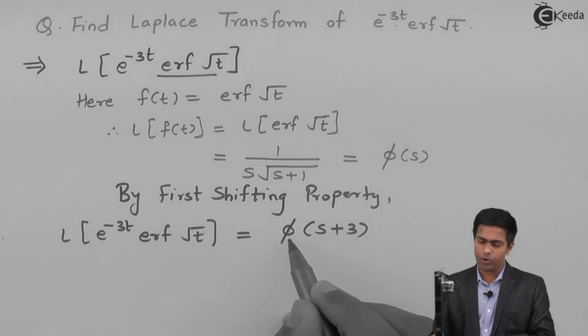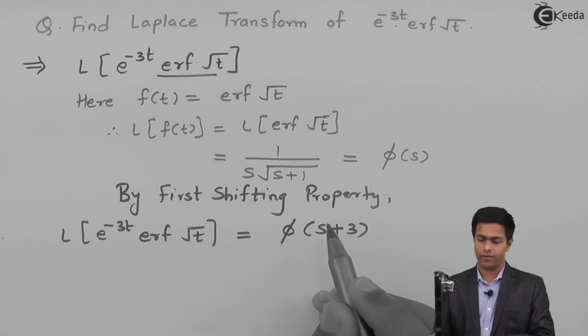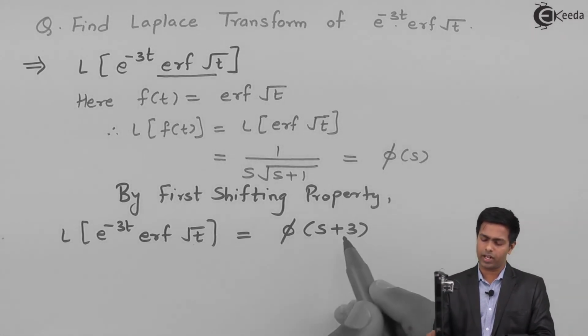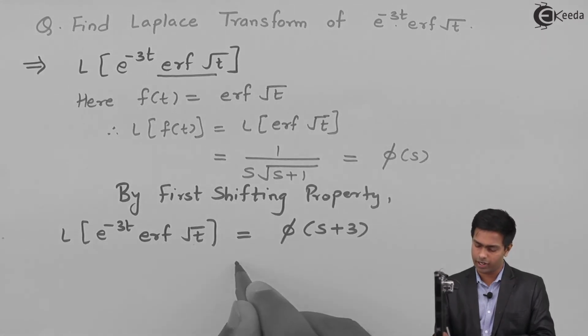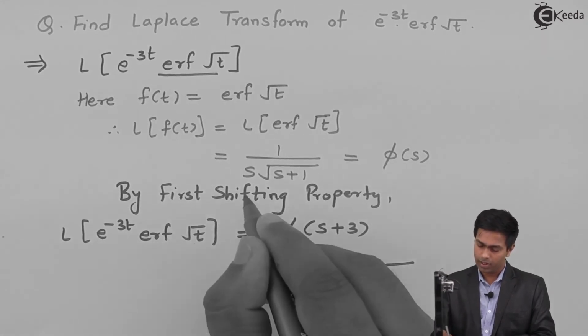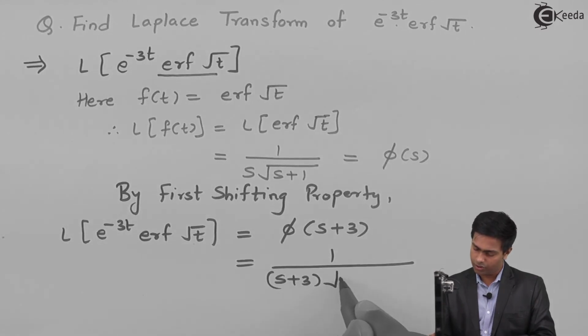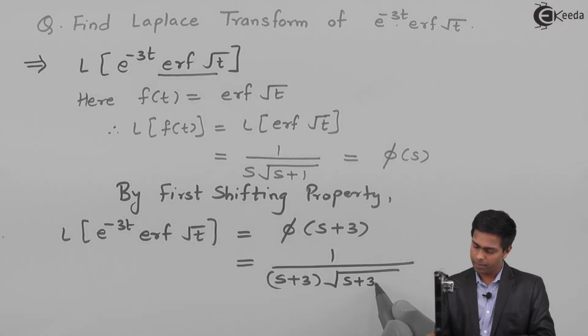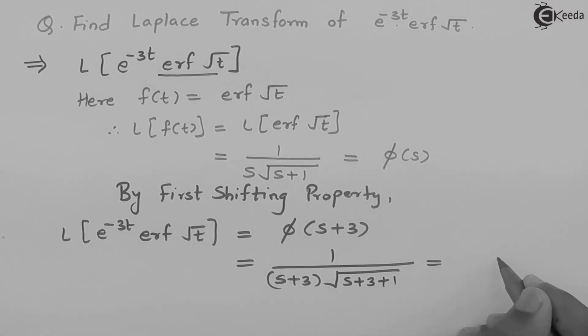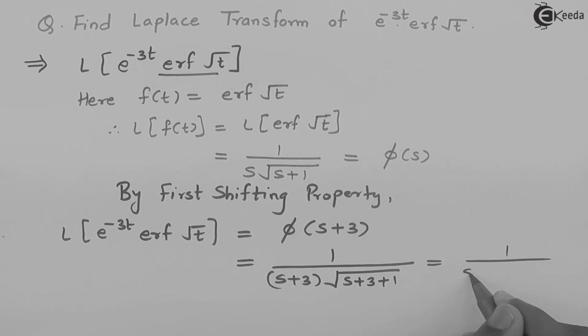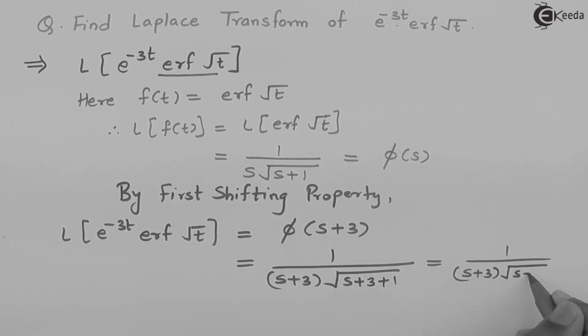Since I want to find phi of s plus 3 from phi of s, I'll substitute s as s plus 3. So here we'll get 1 upon s plus 3 into root of s plus 3 plus 1.